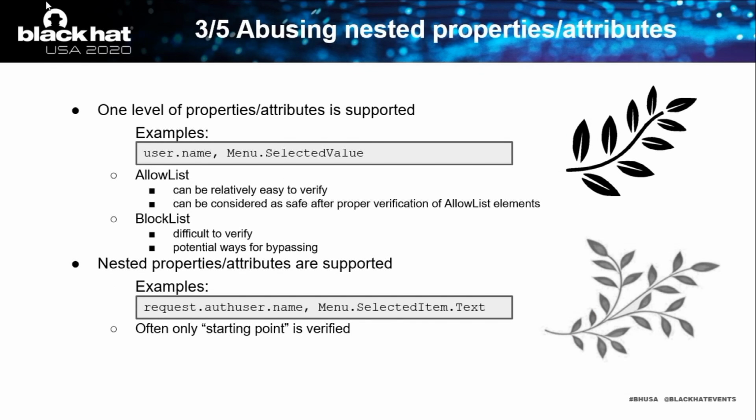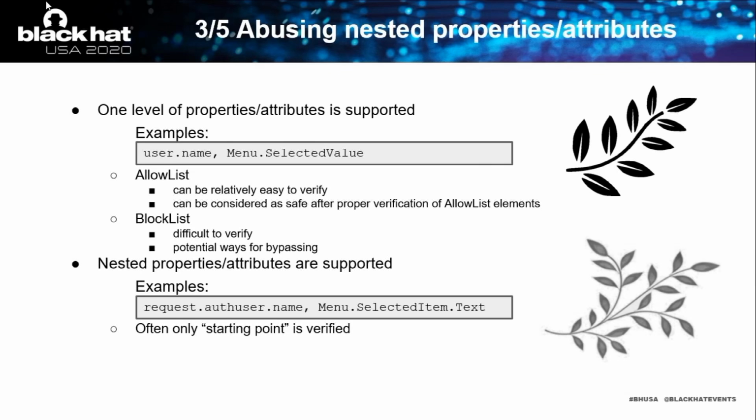Let's review the basic types of such filtering. The first case is when only one level of properties or attributes is allowed. We can see examples on the slide: the name property of a user object, or a selected value from a menu. We can imagine the object and its property like a branch with only leaves. If an allow list is applied, it is relatively easy to review all elements, and after such a review we can make sure that there is no dangerous element.